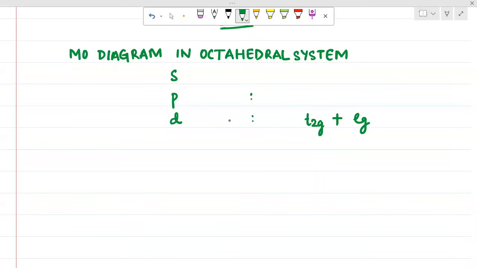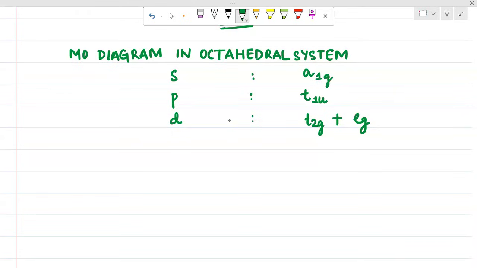For P, you have PX, PY, and PZ, so the degeneracy is 3. Corresponding to 3, always your alphabetical notation will be T, and it is T1U. And for S, it is non-degenerate, A1G.